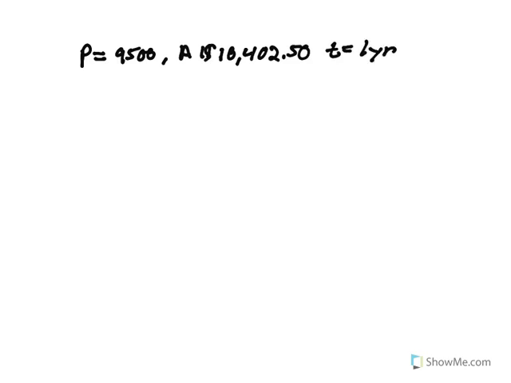So to determine the loan's simple interest rate, we're going to use the following formula. Future value is principal times 1 plus RT. Let's plug in our values.